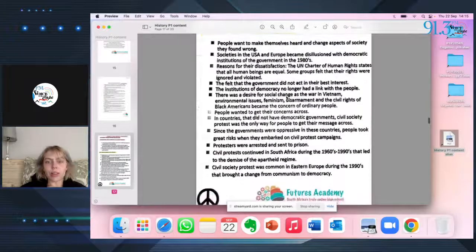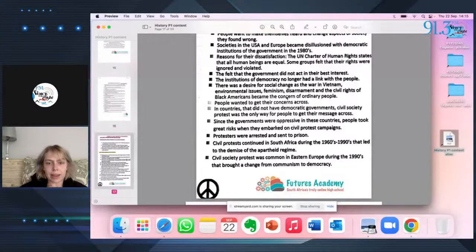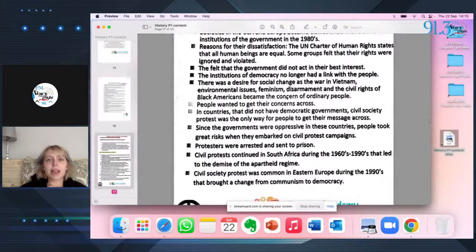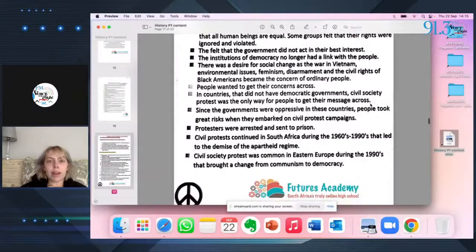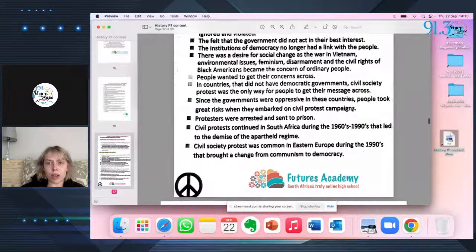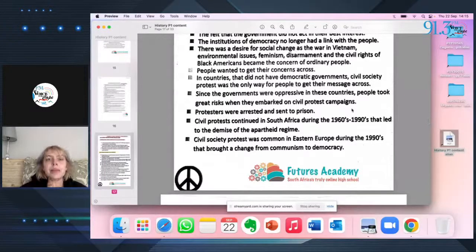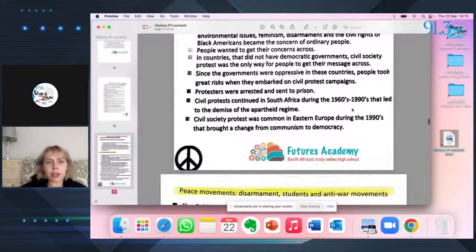Some groups felt that their rights were ignored and violated. They felt that the government didn't act in their best interest, and the institutions of democracy no longer had a link with people. There was a desire for social change as the war in Vietnam, environmental issues, feminism, disarmament of nuclear weapons, and the civil rights of Black Americans became the concerns of ordinary people. People wanted to get their concerns across.